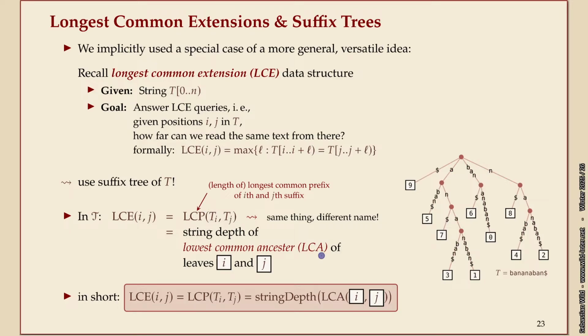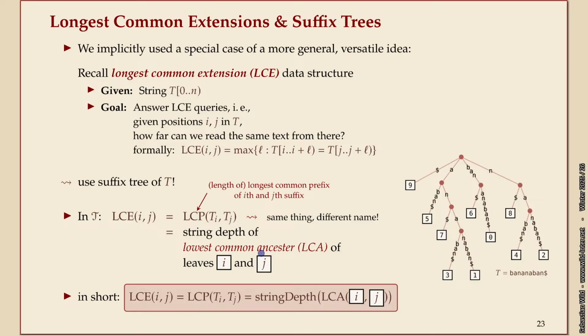And the LCA, the lowest common ancestor, makes sense in a tree. But with the suffix tree connecting, all of the three things are really the same. Longest common extensions of a text starting at two positions is the same as the longest common prefix of the suffixes starting there. And this you get from the string depth of the lowest common ancestor.